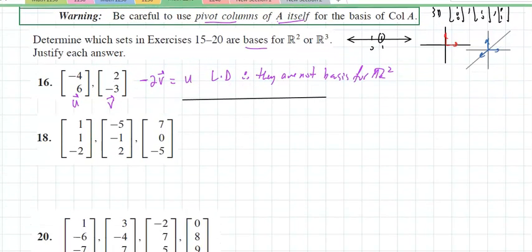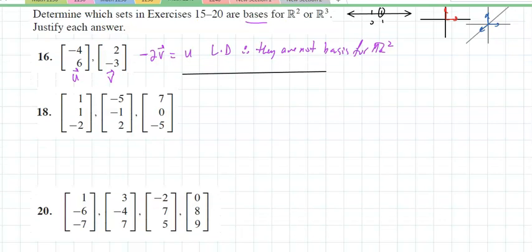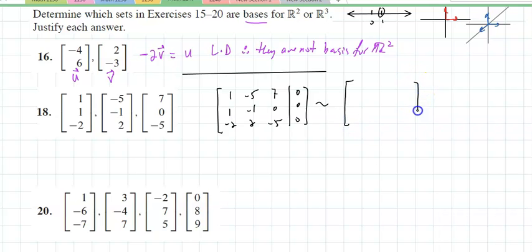The next problem again asks to determine if these sets form bases. You could write this as (1, 1), and you're trying to see if these are multiples of each other. One way of doing this is to set the combination equal to 0 and see if that works. There's another way I'm going to show you really quick.